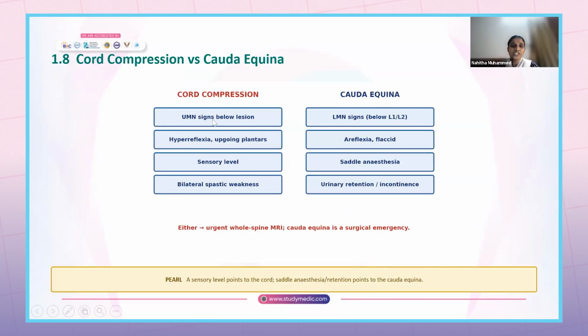There will be UMN signs below the lesion. There will be hyperreflexia because it is UMN. So cord compression means it is a lower part, that is conus medullaris. Similar to the upper cord, it is a UMN type of lesion. There will be hyperreflexia, upgoing plantar, and a sensory level. So there will be bilateral spastic weakness. In cauda equina, it is the peripheral group of nerves, so it is LMN: areflexia, flaccid, saddle anesthesia, and urine retention.